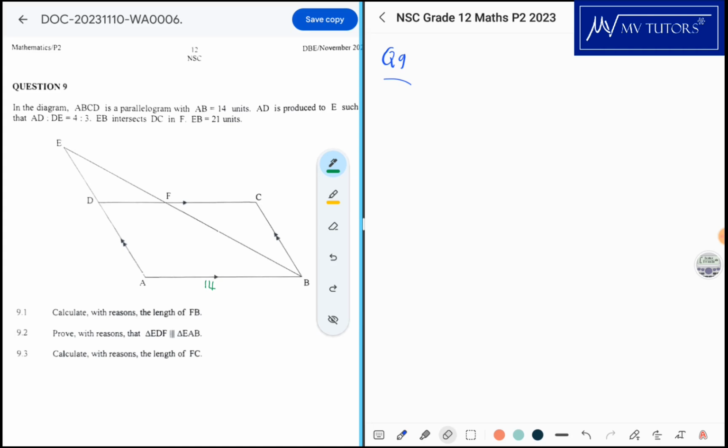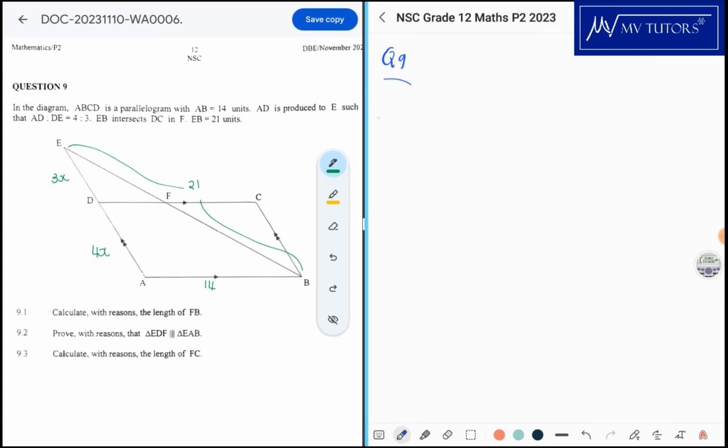So AD is about 4x and DE is about 3x. Okay, EB intersects DC in F. All right, and then they tell us that EB is 21 units. So we have 21 units over there. Okay, cool. And because they told us that ABCD is a parallelogram, we know that the opposite sides of a parallelogram are parallel, which helps us in this case.